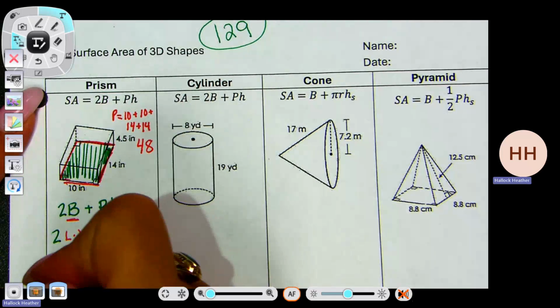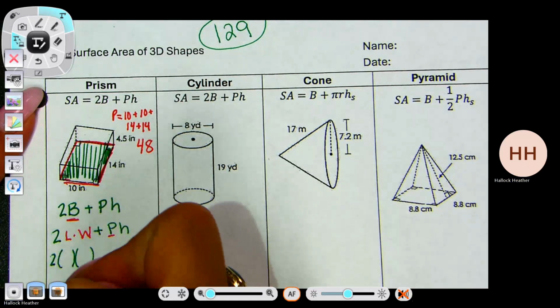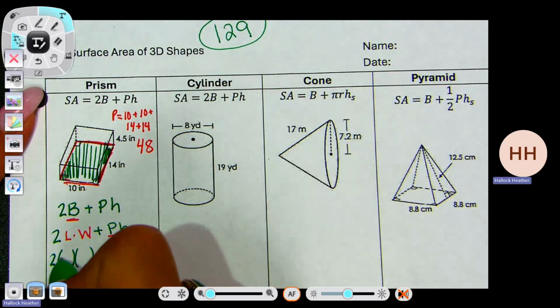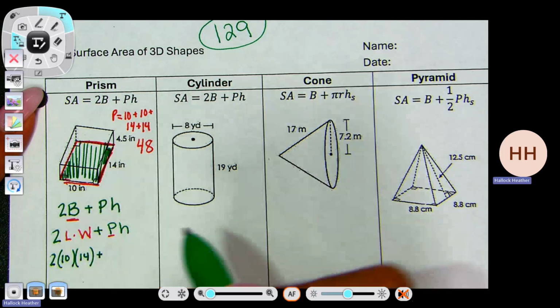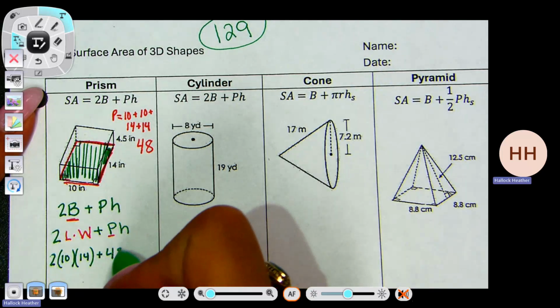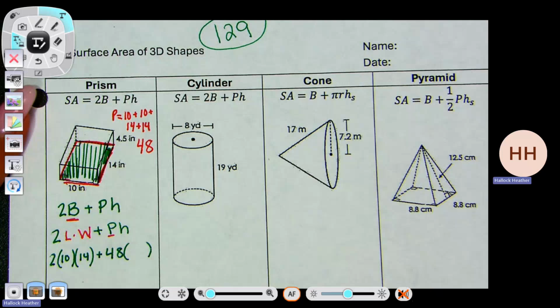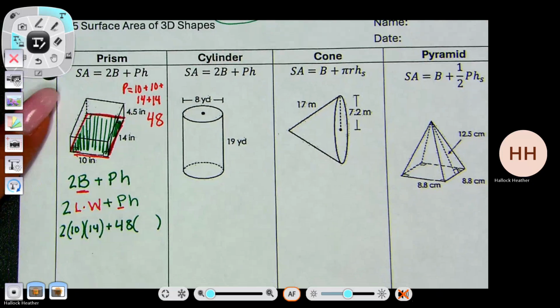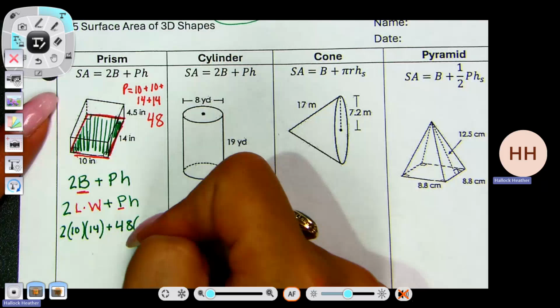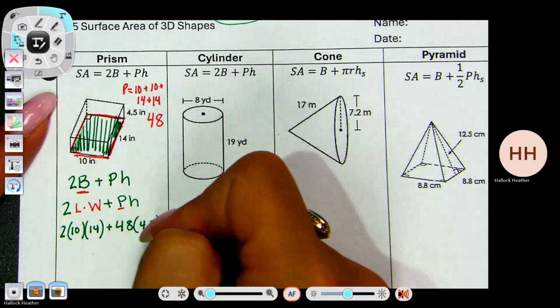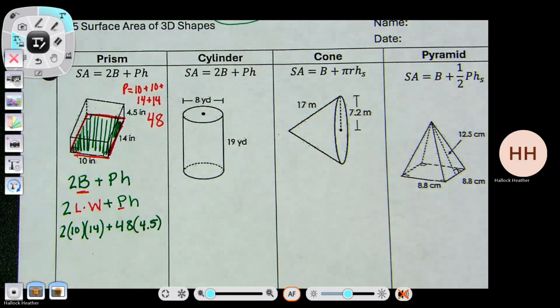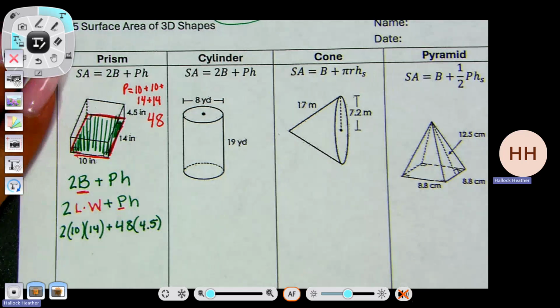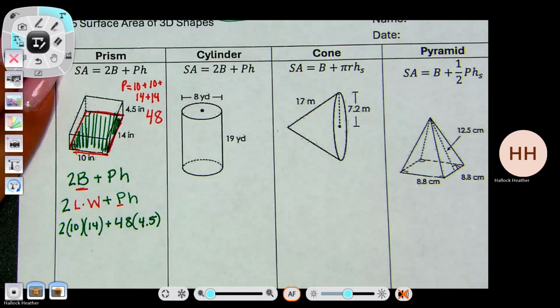So what's my length and my width? 10 and 14. My perimeter is 48. And then what's the height of my 3D shape? 4.5. So we're going to multiply both sides, and then we're going to add it together.